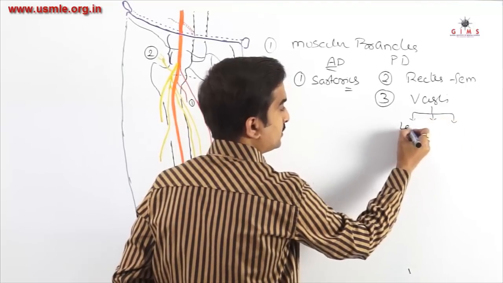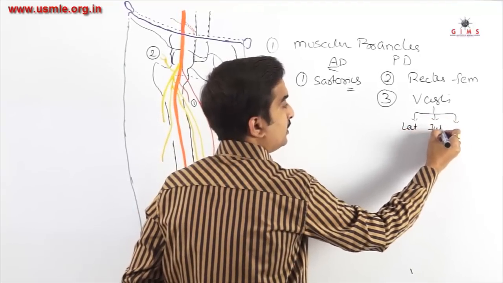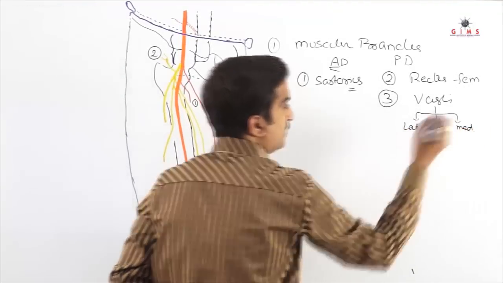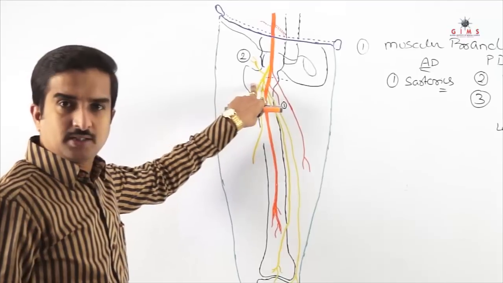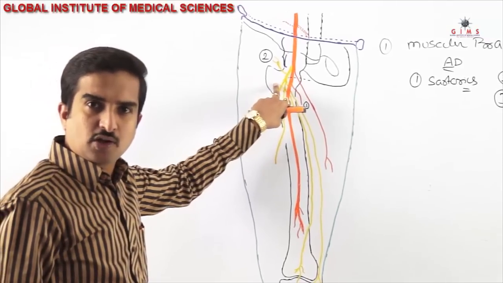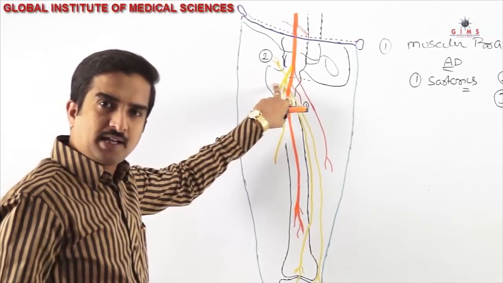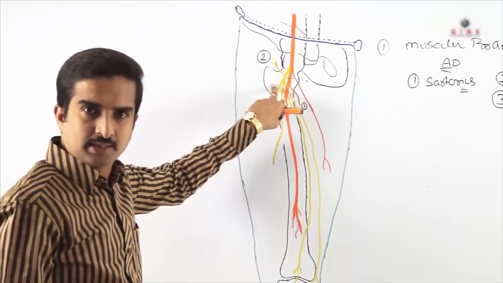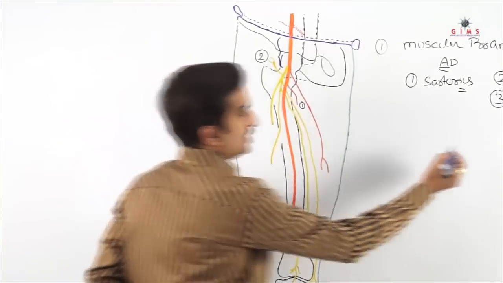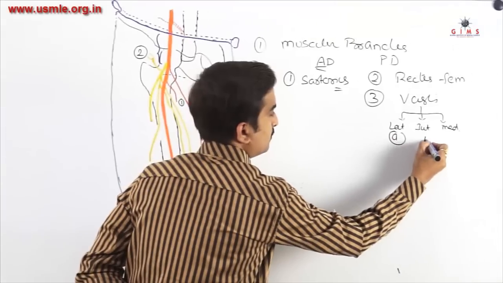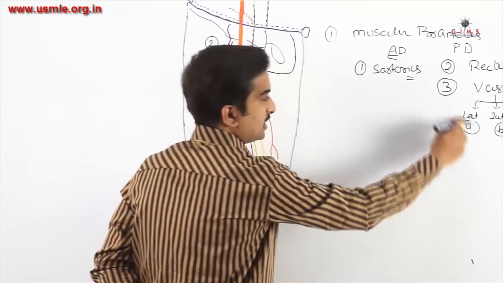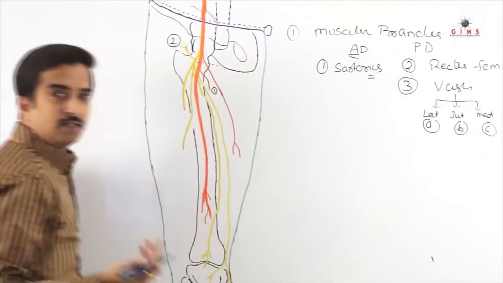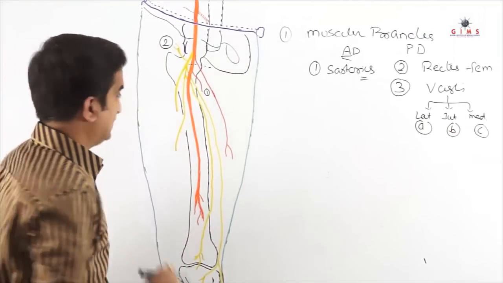vastus lateralis, vastus intermedius, vastus medialis, right? So like that, the posterior division of the femoral nerve has three separate nerves to the three separate muscles. I will give it as A, B as well as C. Here I will mention 3A, 3B as well as 3C so that you can understand very easily.